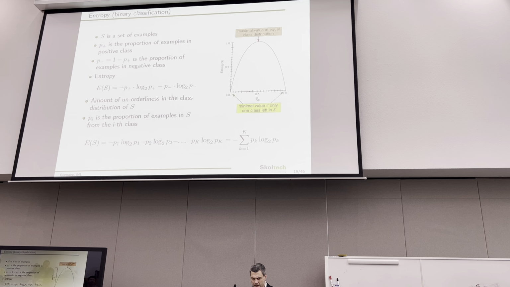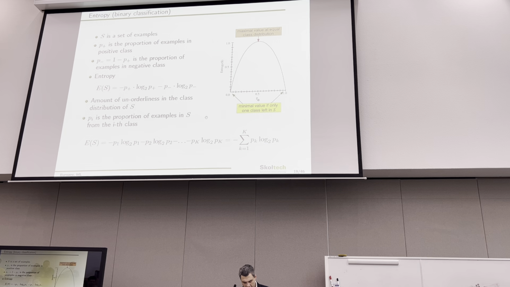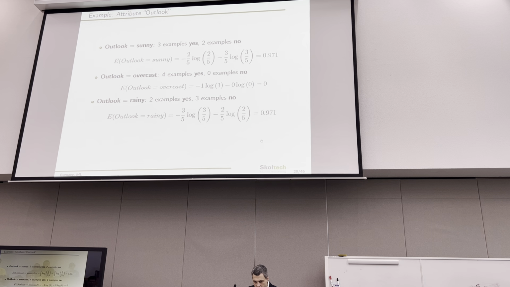So this is minimum order in some sense. In case you have not two classes but k classes, you create the entropy this way.